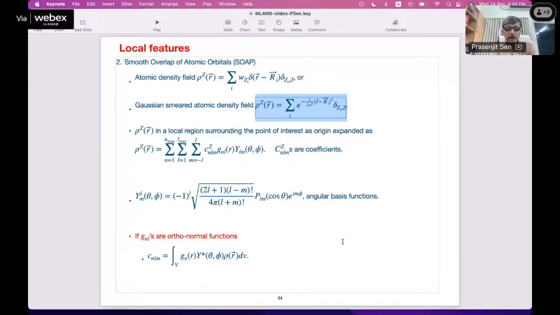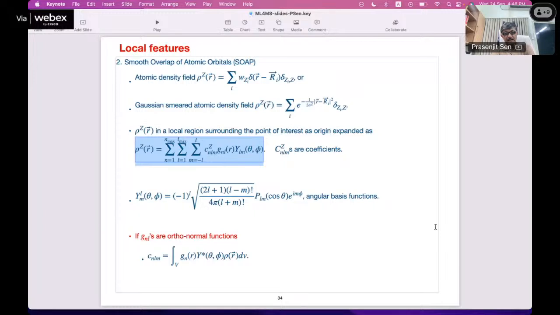Now what do you do? You expand this scalar function, rho of Z at the point r, in terms of radial and angular distribution basis functions, and the CNLMs are the expansion coefficients. As I discussed last time, YLMs are natural basis functions for the angular part of any function, and GNL here constitute the radial basis function.